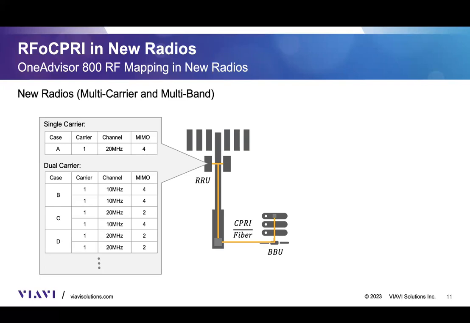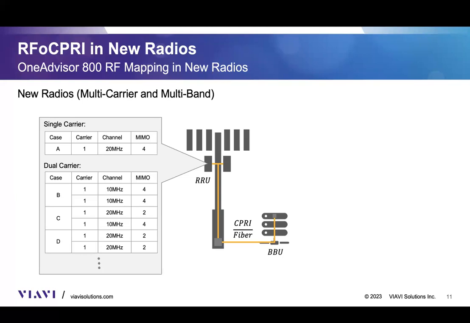Or case D, it's 2 by 2 branches. So in any case, all of them show the same total bandwidth of 80 megahertz. This is just an example, but as you can imagine, there are other combinations, if you add 15 and 5 megahertz signals.